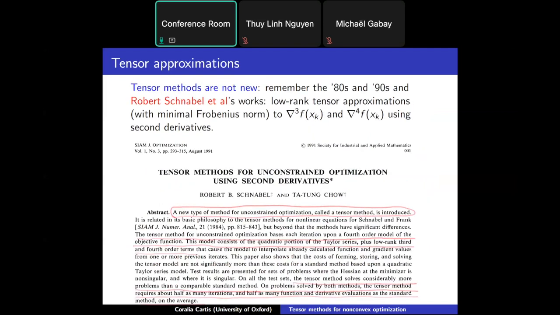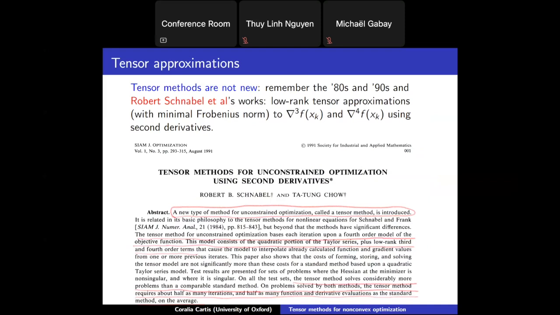Of course, tensor methods, just to finish, are not new because, in fact, a long time ago, in the 80s, a very famous optimizer, Robert Schnabel, has quite a few papers on tensor methods. He didn't compute tensors. He just did some approximations to them. But he found them to be very efficient in practice.